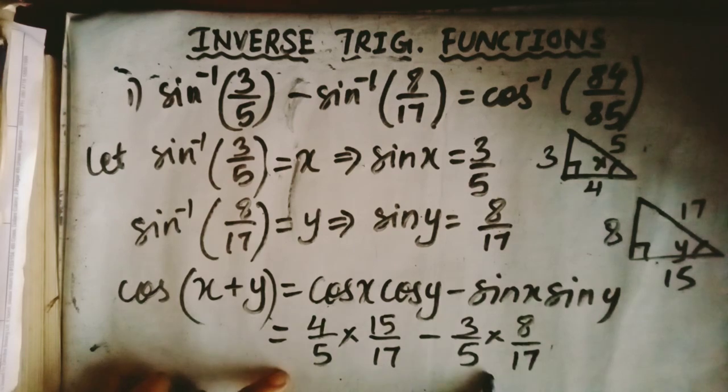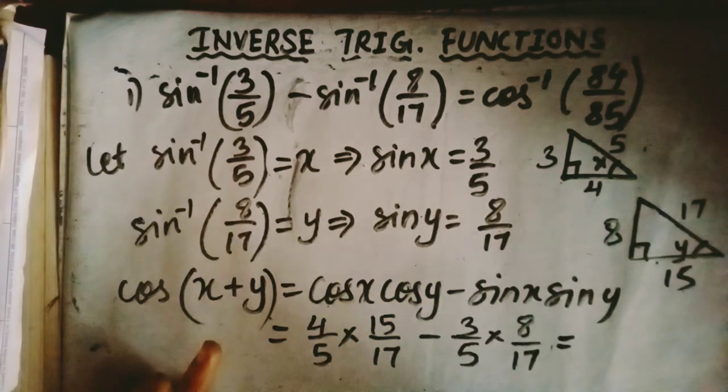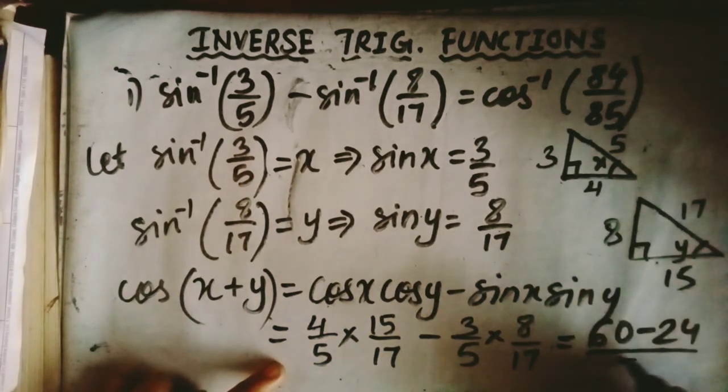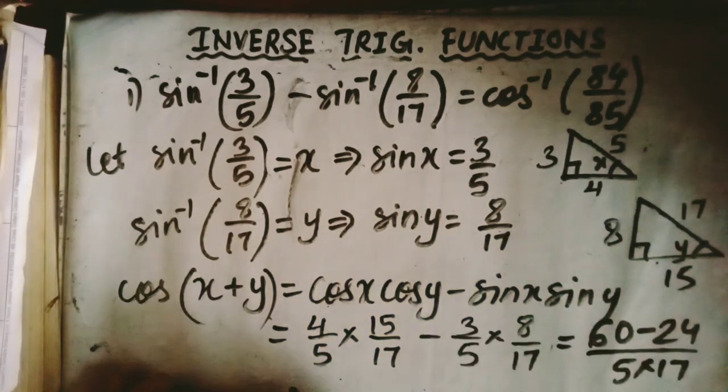Now the denominators are same. So first you multiply. So this will be 60 minus 24 upon 5 into 17. So this will be 36 upon 5 into 17. So can't cut this.